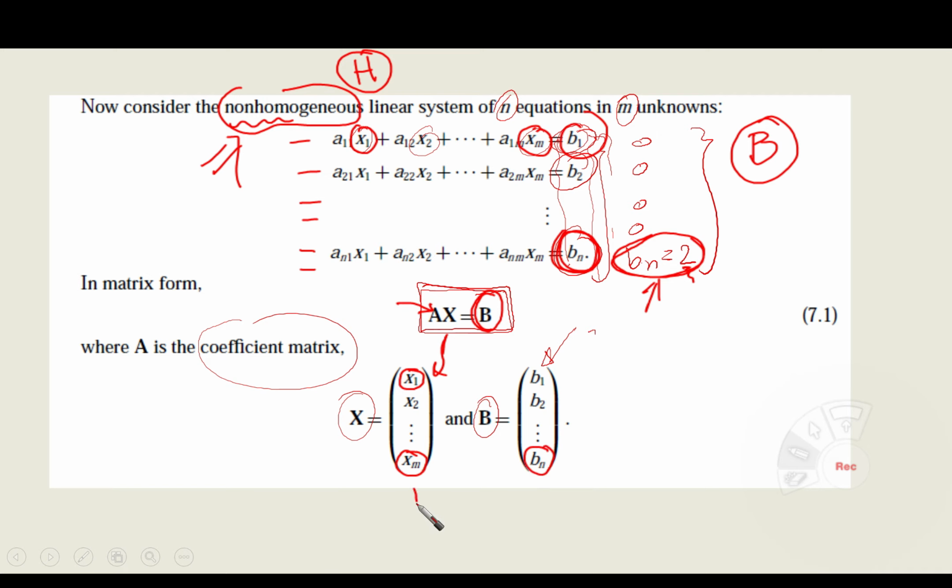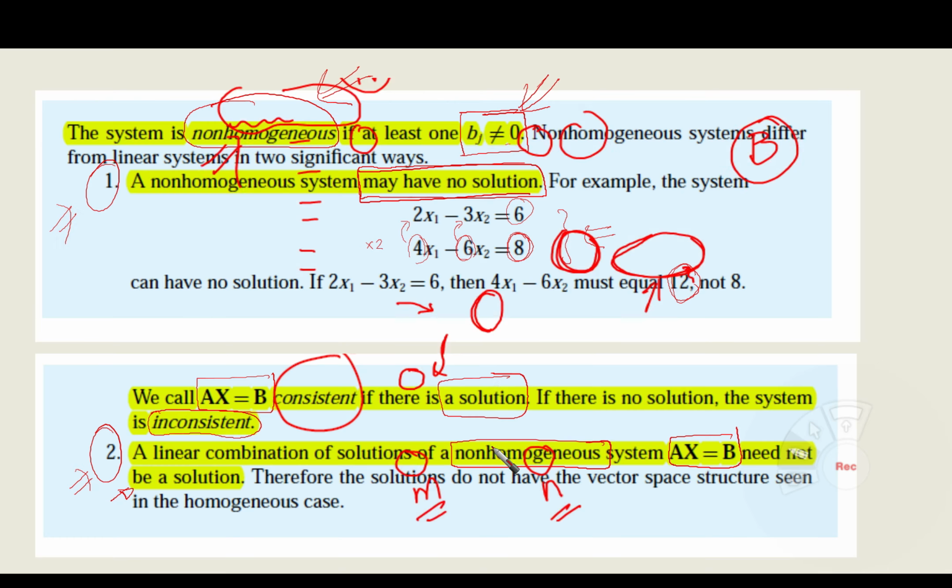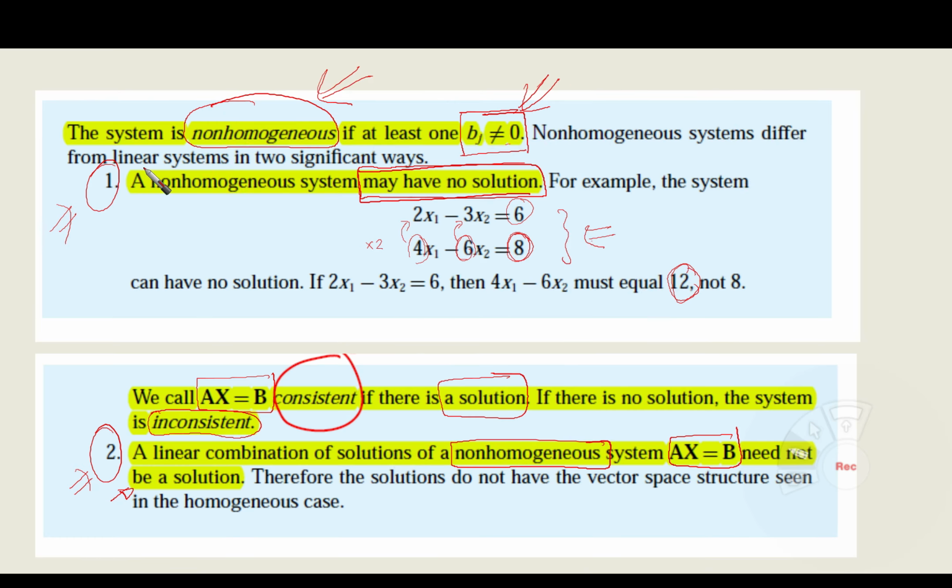So we have m unknowns and n equations. Okay, now let's go to the next to understand more about this. The system is non-homogeneous if at least one bj does not equal 0. bj, as I said, is any entry of the right hand side.